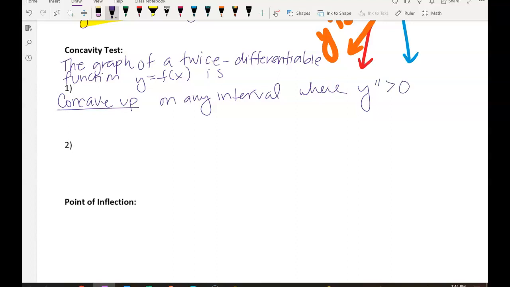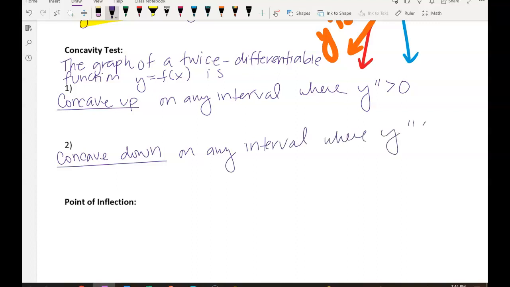That's going to lead us right back to that image above. So just hold on tight. I'm going to write concave down and we'll go back up. Okay, concave down on any interval where y double prime is negative.